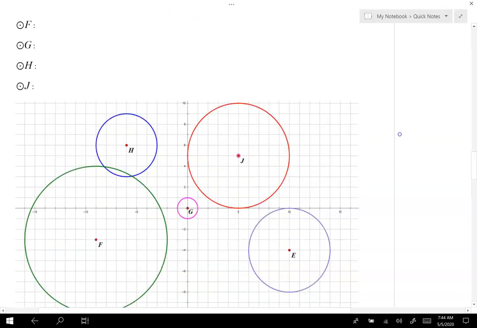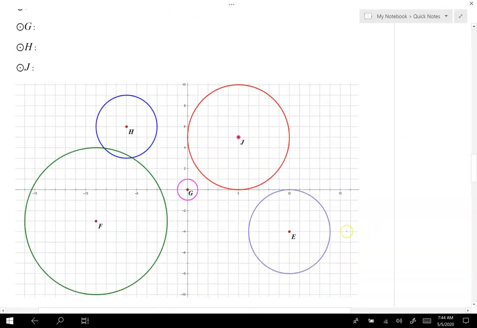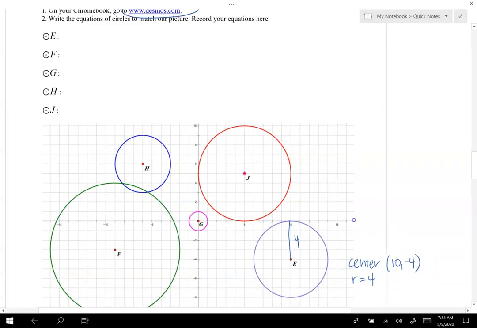Circle E here, so the center is at 10, -4, and then the radius equals, and we could just count, 4. All right, and what I learned from before is that when I write my x-coordinate, I put the opposite sign and then square it.